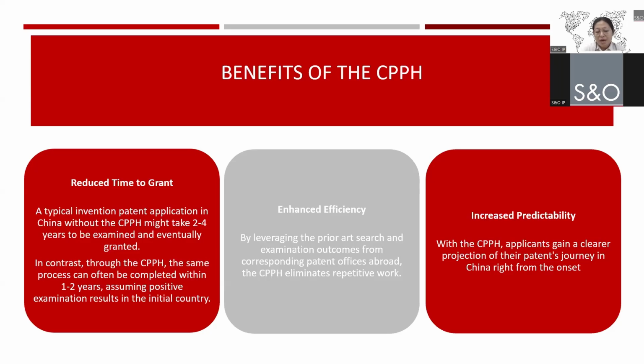With the CPPH, applicants gain a clear projection of their patent's journey in China right from the onset. This predictability is invaluable for strategic planning, allowing applicants to make informed decisions about their IP portfolio and commercialization strategy.